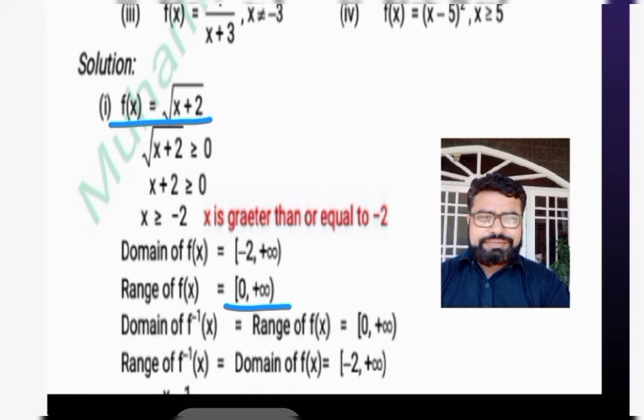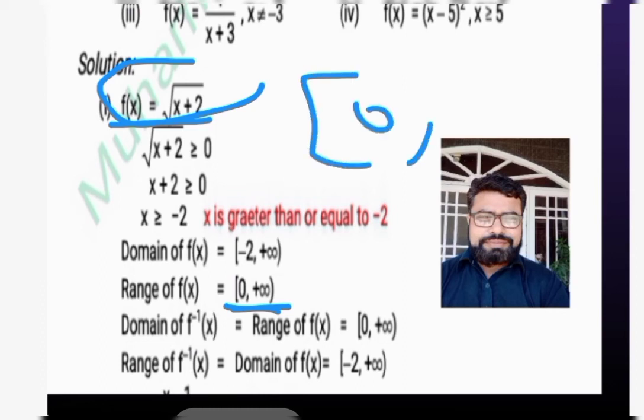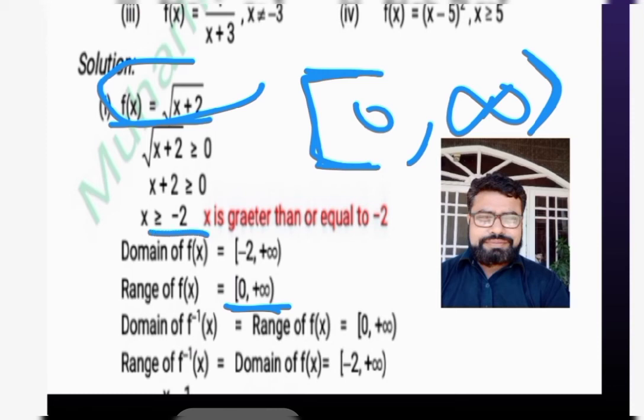In the last question, in part number 2 and part number 3, I discussed that the range of the square root function is always from 0 to infinity. Infinity is not a number, so we mark a small bracket, and 0 is a number, but as there is an equal symbol, we write a square bracket here.